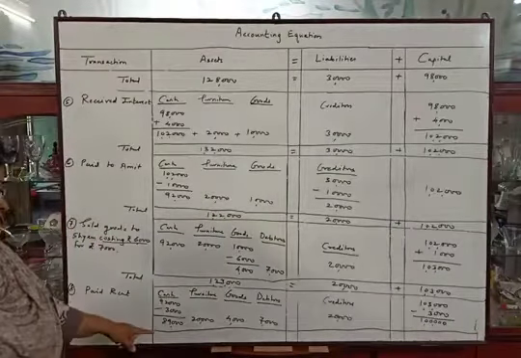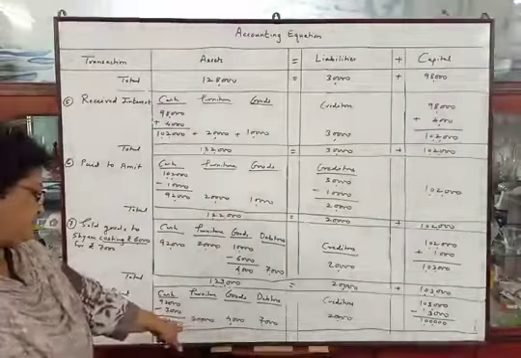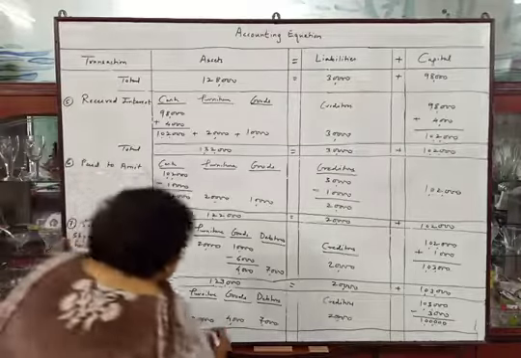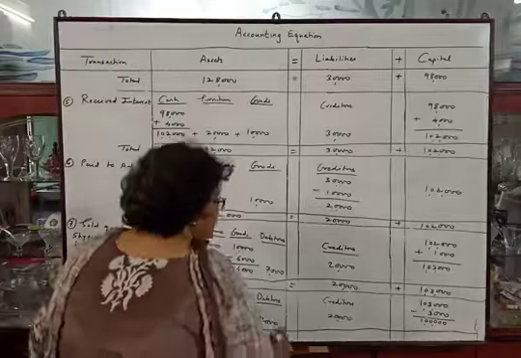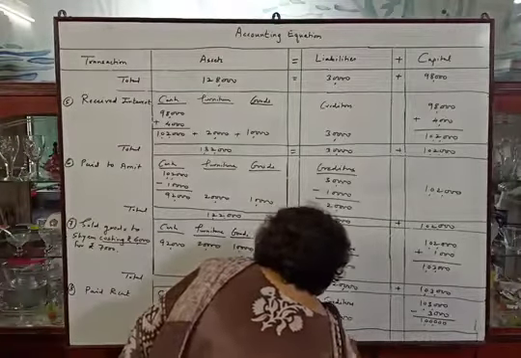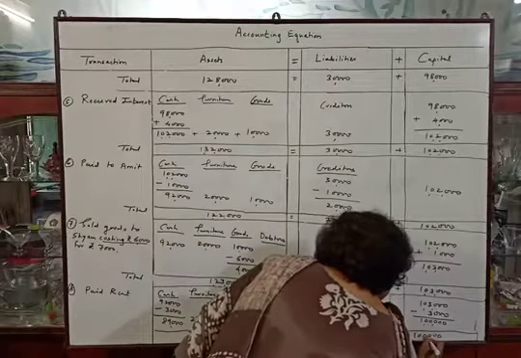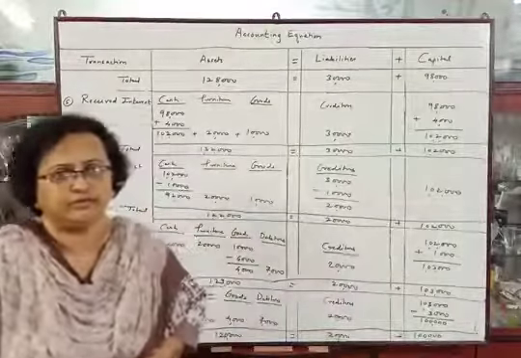Total of this is 89,000 plus 20,000 plus 4,000 plus 7,000, that is 1,20,000. 1,20,000 is equal to 20,000 plus 1 lakh, that is 1,20,000. Okay, understood? That's all for today.